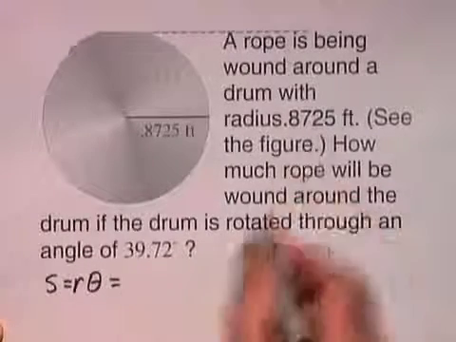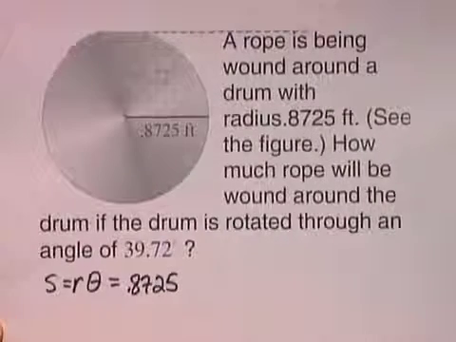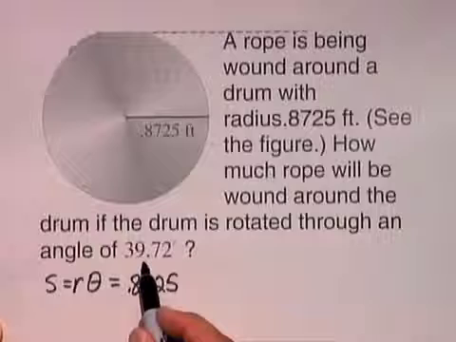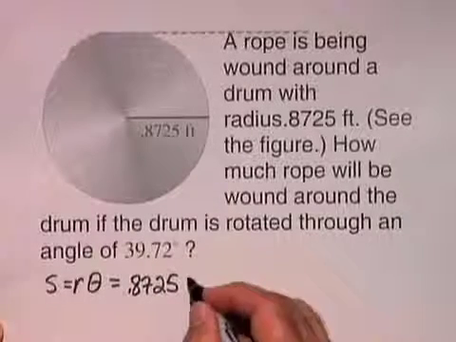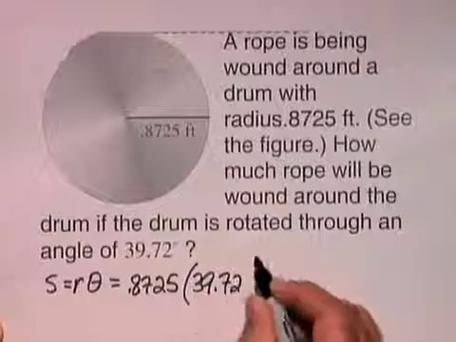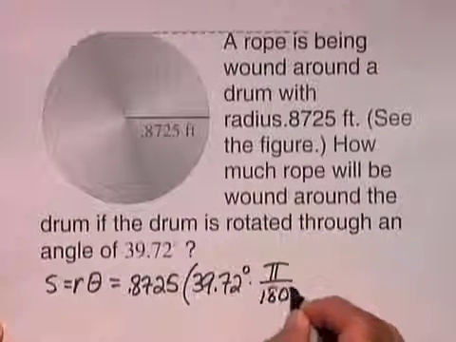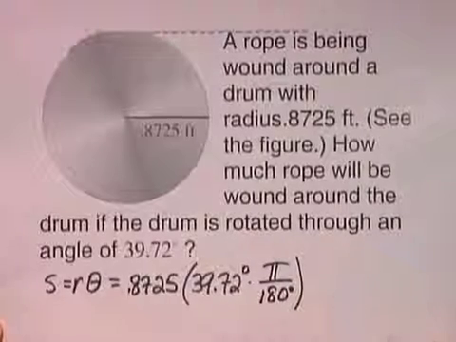R is equal to the 0.8725. Theta has to be in radians, so we would multiply 39.72 degrees times pi divided by 180 degrees.